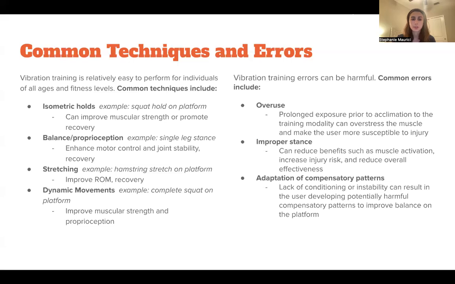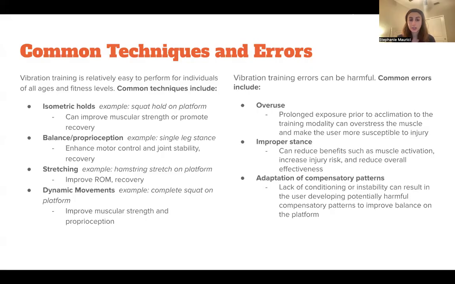Some of the common techniques or applications you can do on the vibration platform are listed here on the left. Isometric holds, an example of that would be a squat hold on the vibration platform, and that's said to improve muscular strength and promote recovery. We can do balance or proprioception work on the vibration platform, like a single leg stance to enhance our motor control and joint stability.